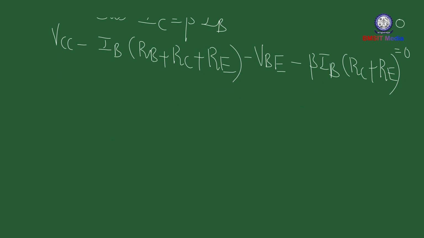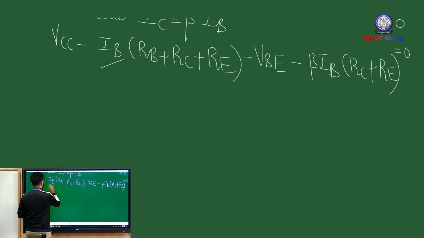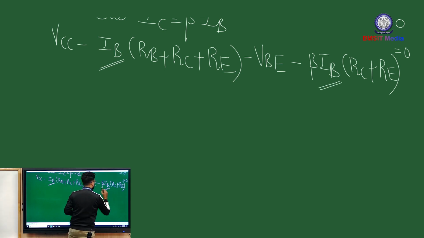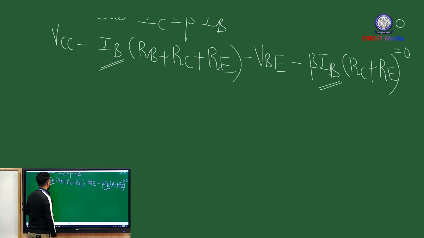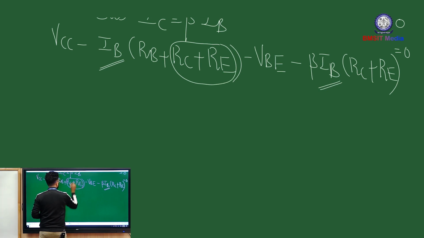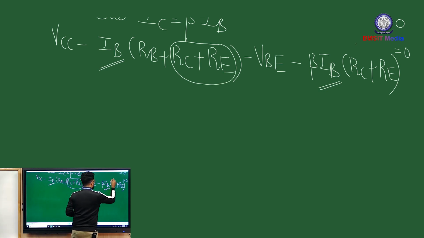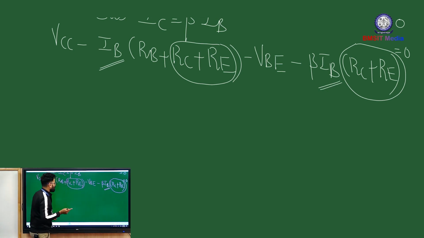Here you can see IB, right? And here also you can see IB, correct? And you can also see here RC plus RE, not the product, summation.